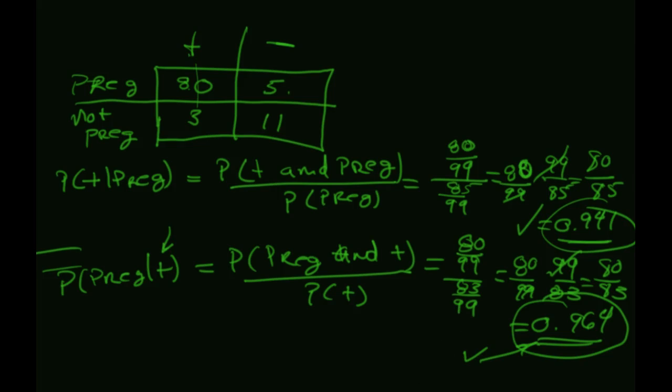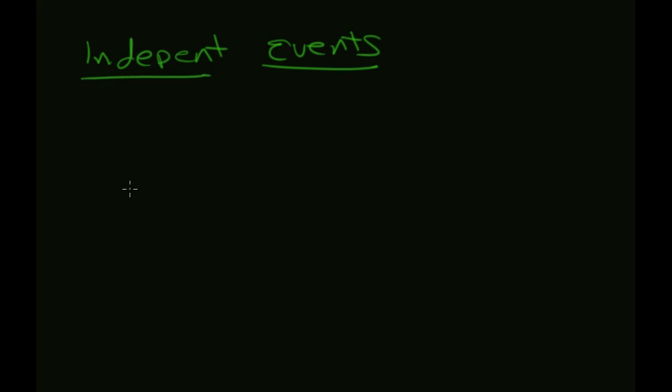Okay, so we also talk about sometimes independent events. We want to know if they're independent. This is different from being disjoint or mutually exclusive. Independent means that if one of them has happened, it does not change the probability of the other one happening.